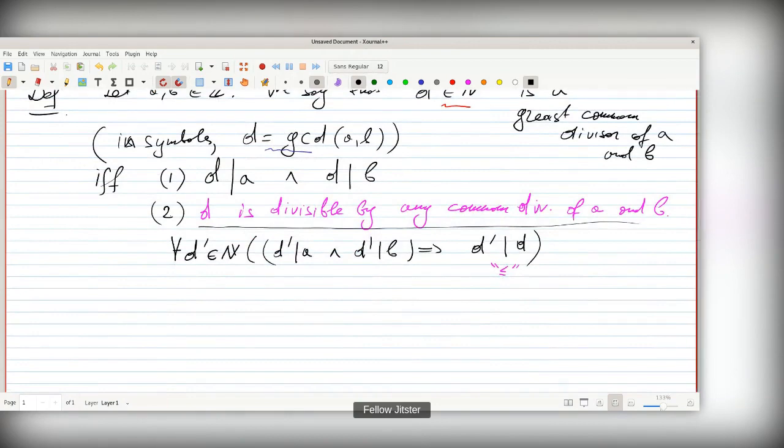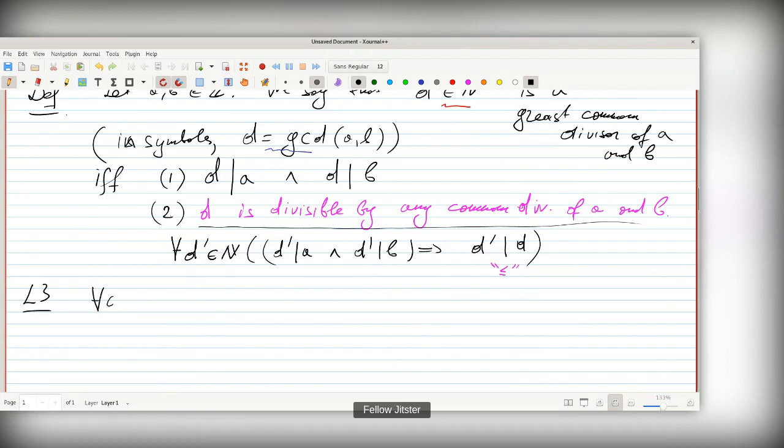But this begs the question. Is it true that for every two integers we have a greatest common divisor? And another question. Is it true that this greatest common divisor, given it exists, is unique? In fact, both questions have positive answers.